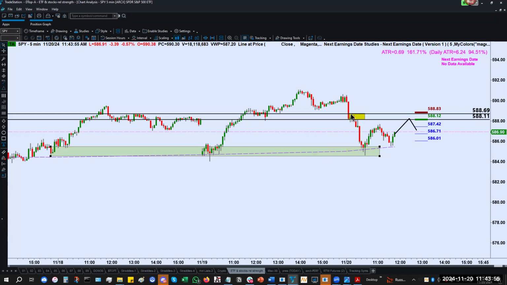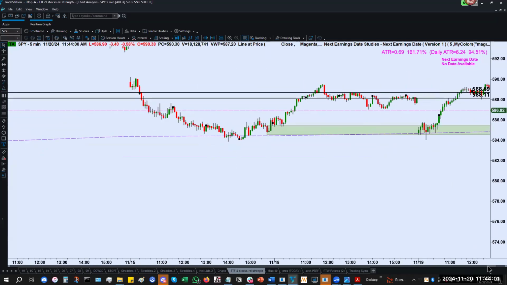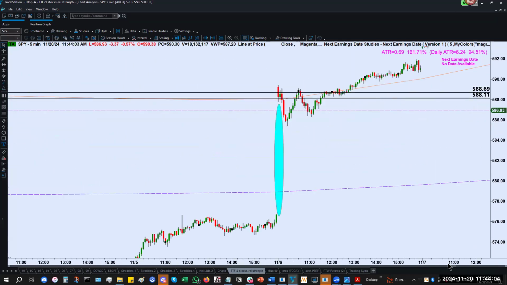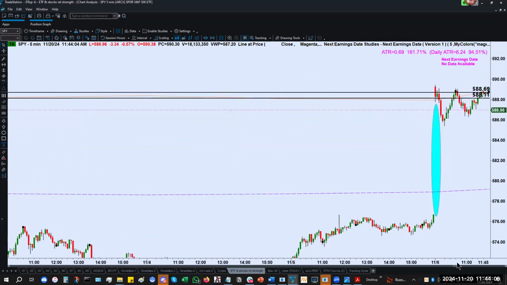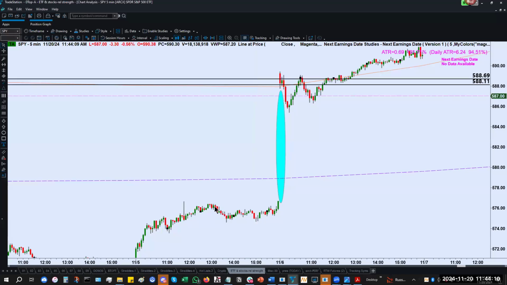So for us, there's that supply zone here, and after that there's really no trade on the SPY until we get a pullback to the origin of that election gap, and there's probably something in here that we could trade.